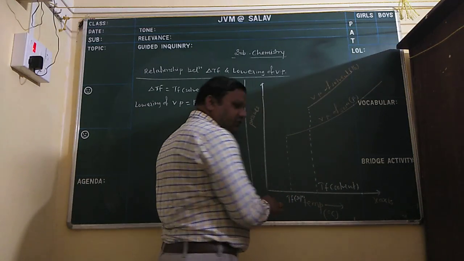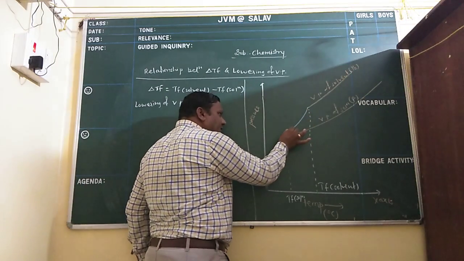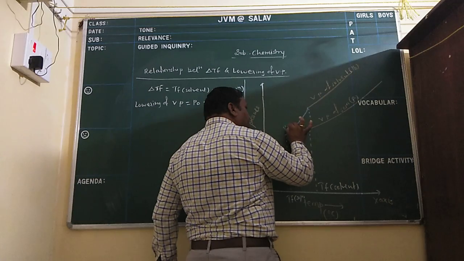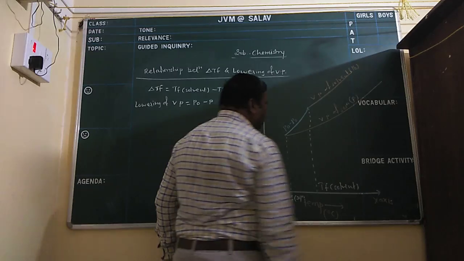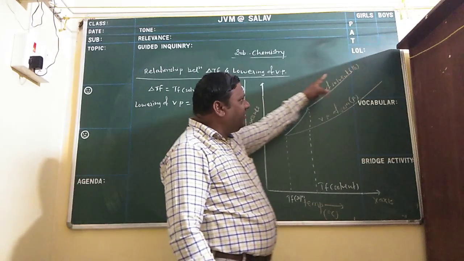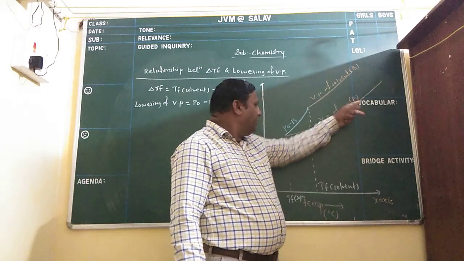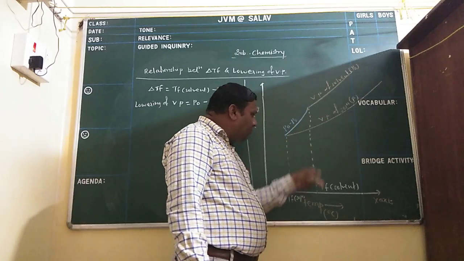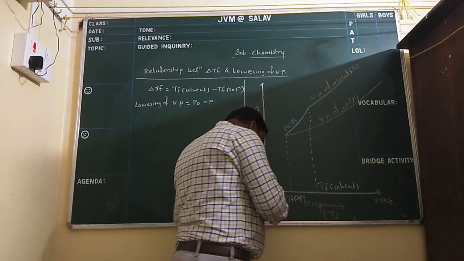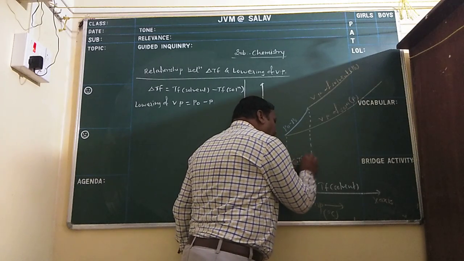And this difference, listen, it is P0 minus P. Again I repeat, this is the vapor pressure of solvent, that is P0. This is the vapor pressure of solution, it is P. This one is T of solvent, because this is the solvent line and this is the solution. Now this difference is del TF.